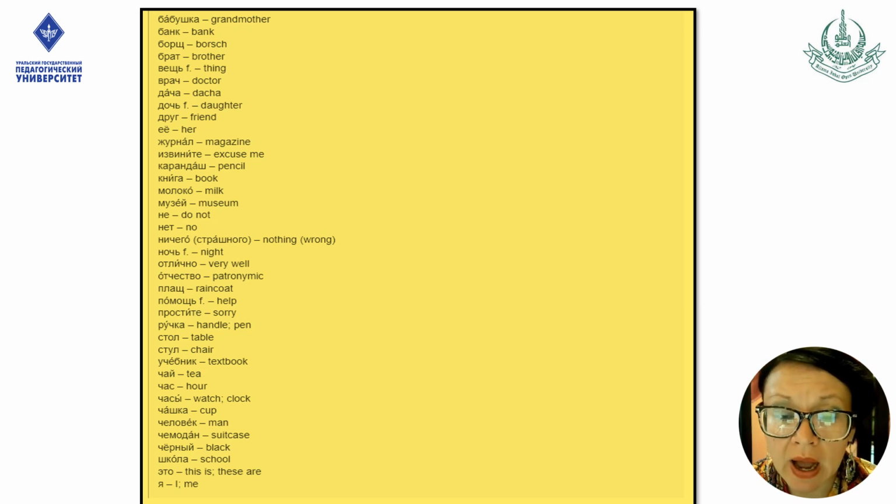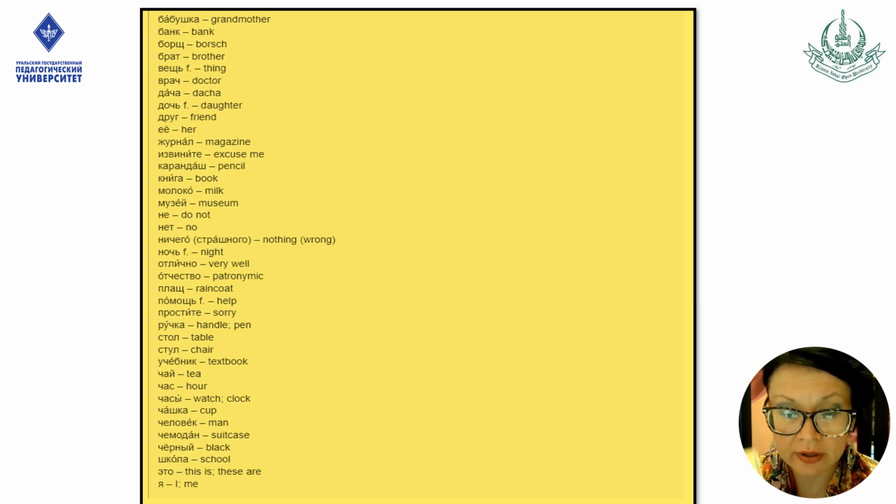Okay, so I believe that today's class is very useful because you learn a lot of vocabulary. Again, don't forget to use your word cards. You make them yourselves.